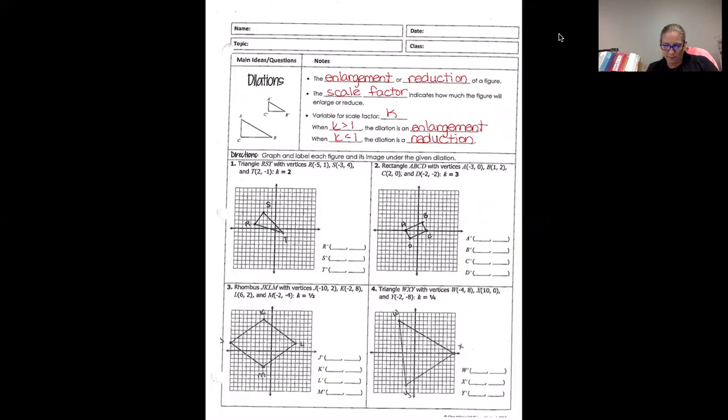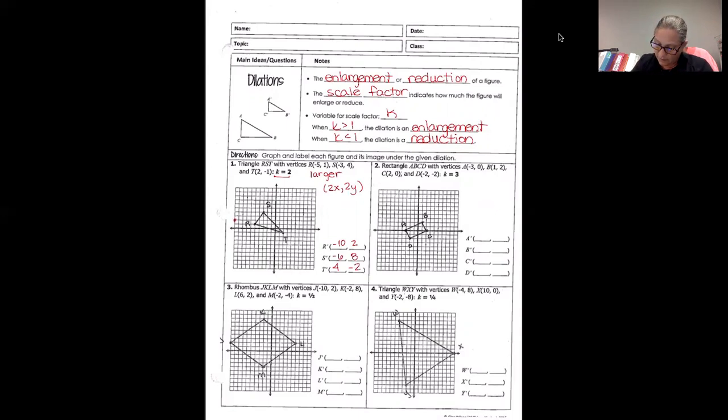So as we look at problem number 1, K is 2. So we know that figure is going to be larger. The way that you figure out your new coordinates is you multiply the X and the Y by the scale factor. So we're going to do 2X, 2Y. So that's negative 10, 2, negative 6, 8, and 4, negative 2. And we're going to plot those new points.